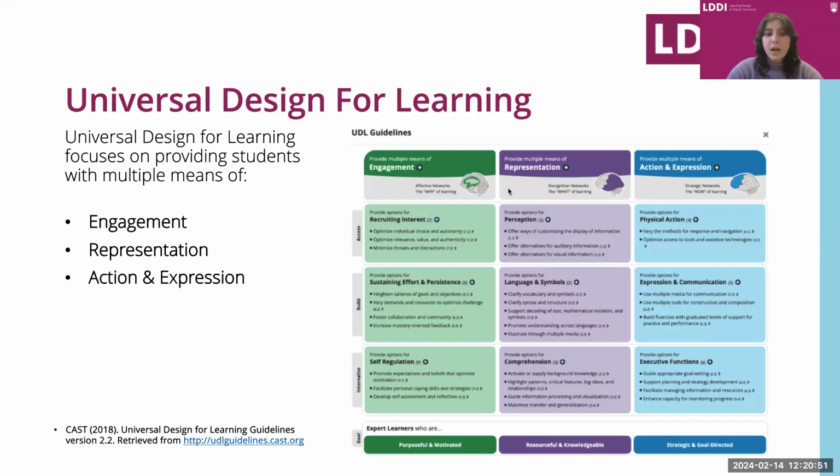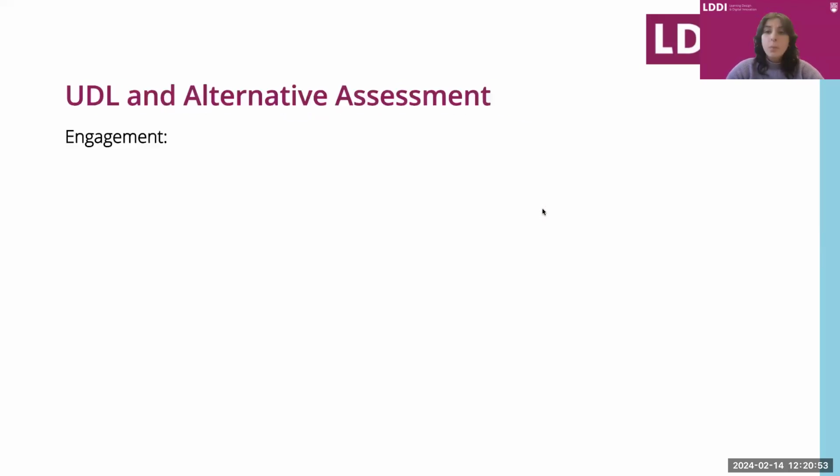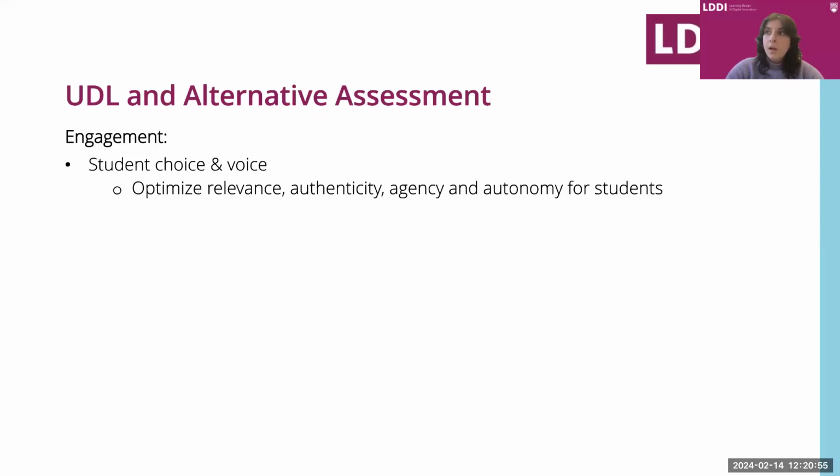So I'm going to go into a couple of examples here. When we're thinking about engagement, we're thinking about the idea of student choice and voice. When designing an assessment, it's good to think about how we can optimize the relevance, authenticity, agency, and autonomy of our students. So the more choices and options for personalization that we provide to students with their assessments, the more engaged they're going to be.